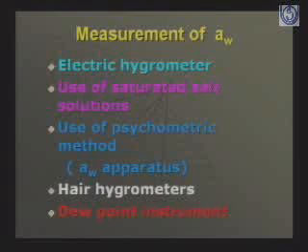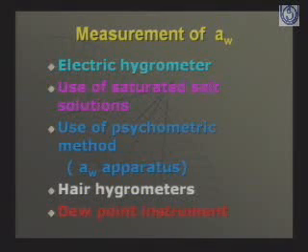Then coming to the measurement of water activity, what are the devices which are available for the measurement of water activity? There are certain devices available, for example, electric hygrometers, the use of saturated salt solutions, the use of psychrometric methods, that is the water activity apparatus, hair hygrometers, and dew point instruments.